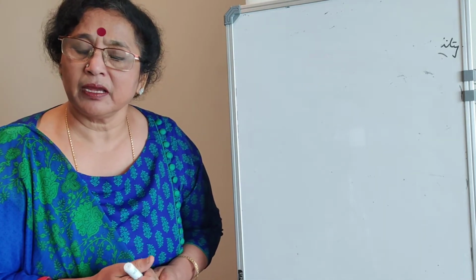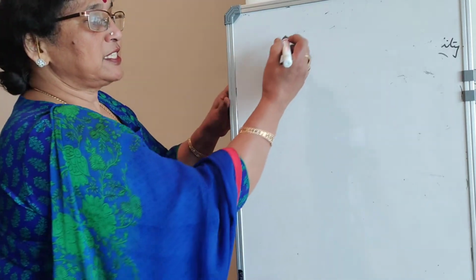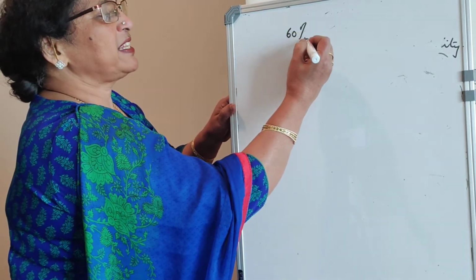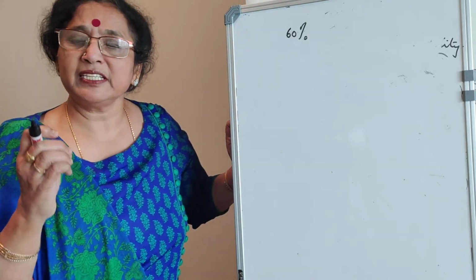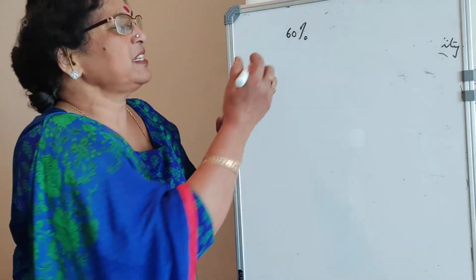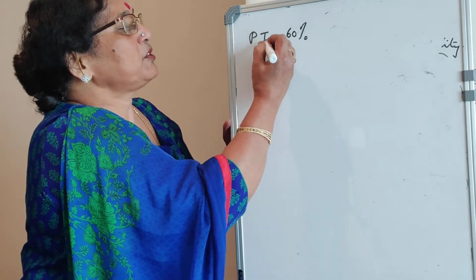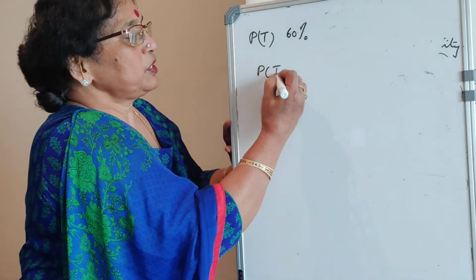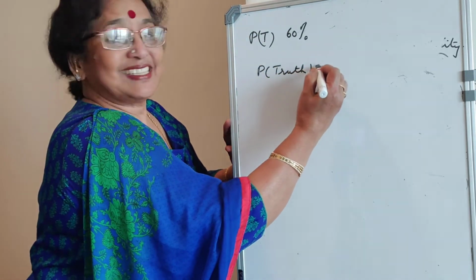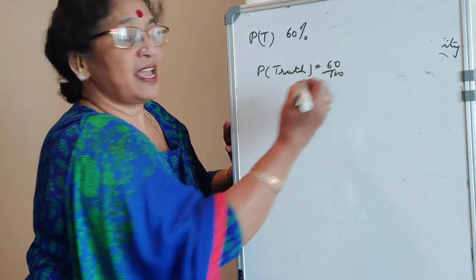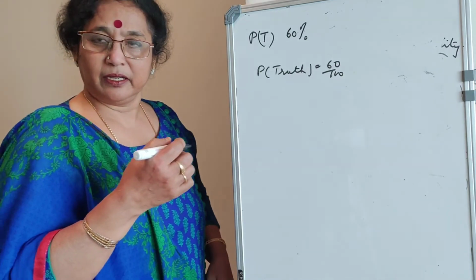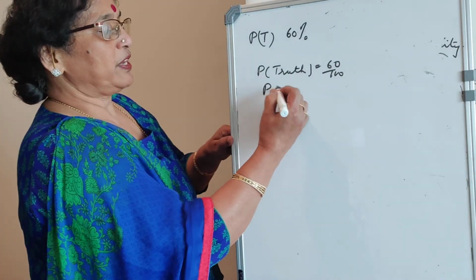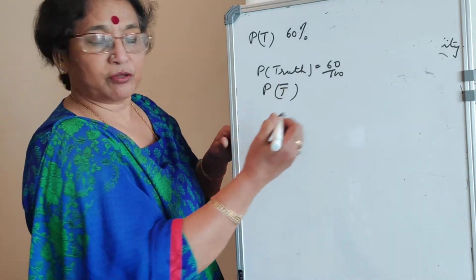A person A, 60% cases A tells the truth. Probability of a person telling the truth is 60%. So probability of speaking the truth is 60%, and therefore what is his probability of lying? Not the truth. So we write T bar, not the truth.